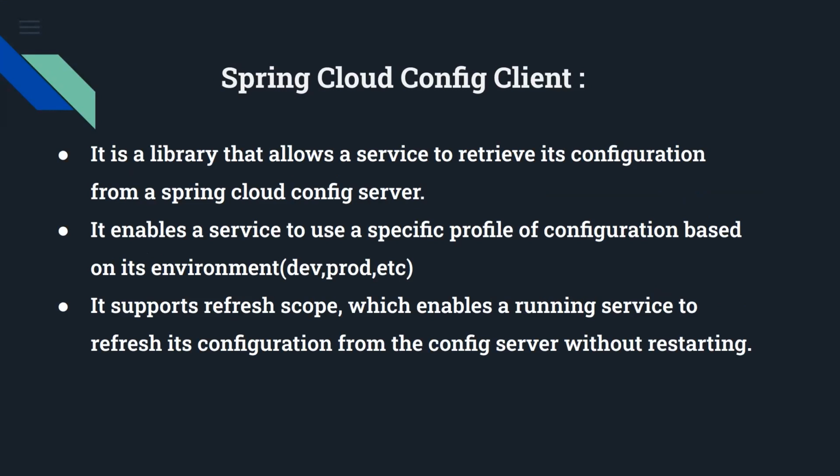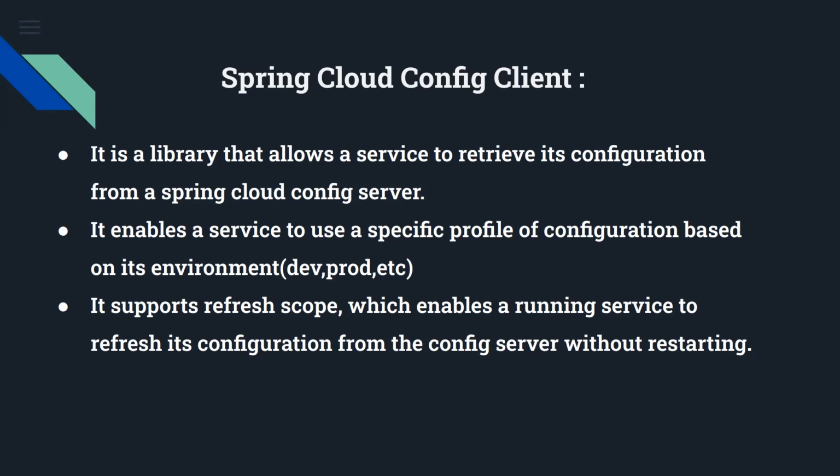And what is Spring Cloud Config Client? It is basically a library that allows your service to retrieve the configuration from the Spring Cloud Config Server. Basically, the Spring Cloud Config Server is a broker between the GitHub repository where your files are stored and the client.